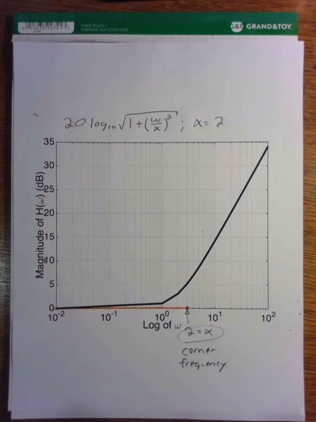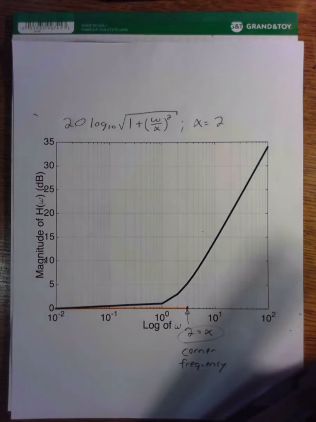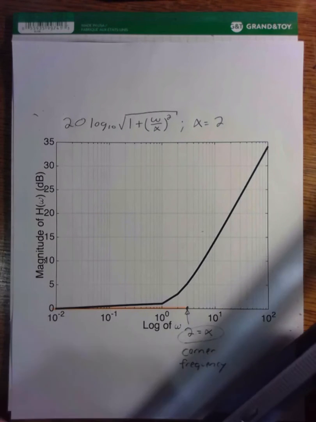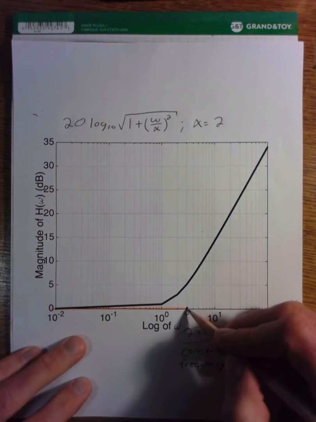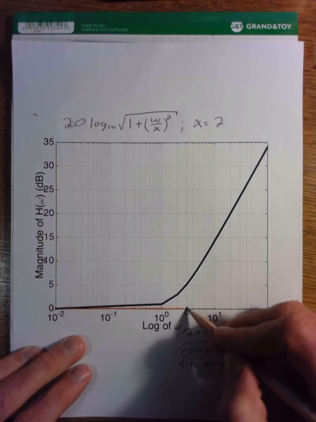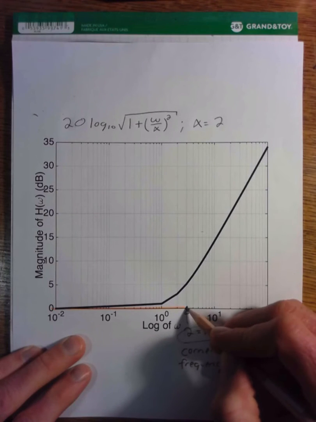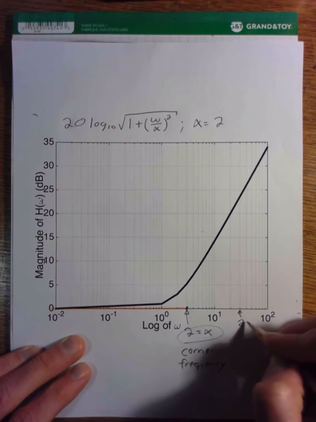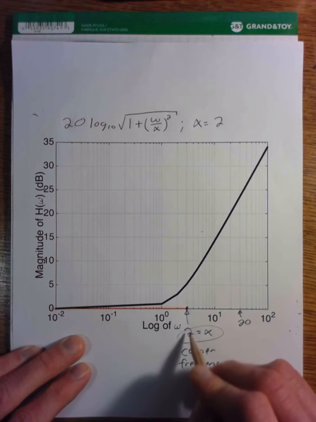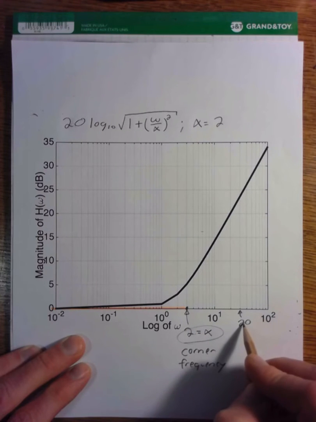To the right of our corner frequency, we represent the frequency response as a line with a slope of 20 dB per decade. So here at 2, we're at 0. This is 20, which is a factor of 10 bigger than 2.